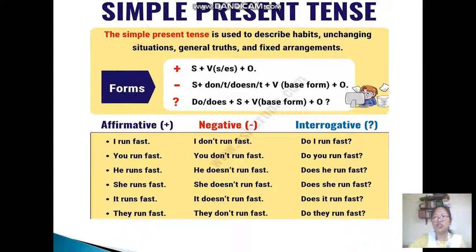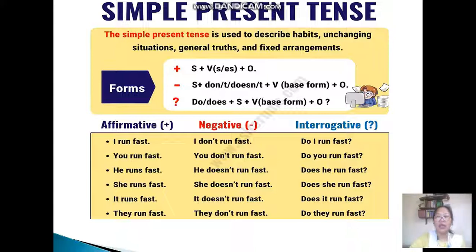Question mark. So in a positive sentence, subject plus verb, depending on whether the subject is first person, second person, third person, or plural, and then the object.